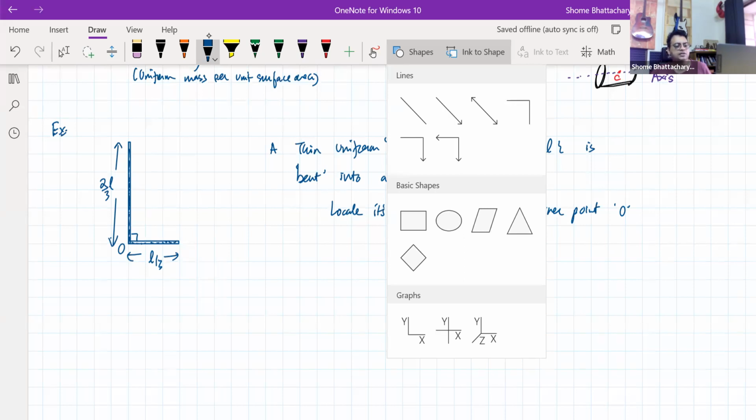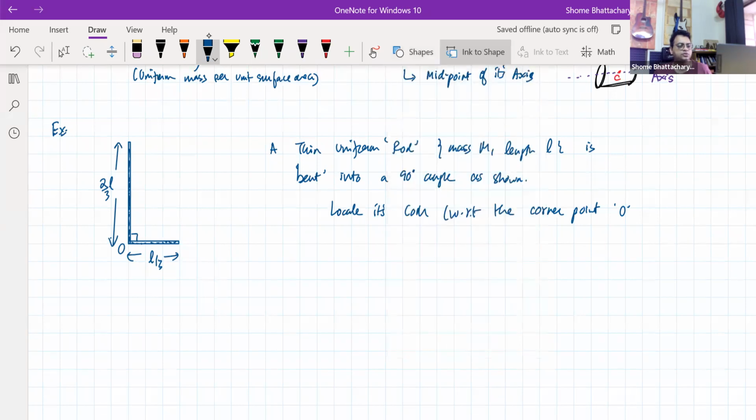Those individual parts are very easy to find the center of mass for, because for a rod of length L/3, its center of mass is just at its midpoint. For a rod of length 2L/3, the center of mass is at its midpoint. So we will replace each of those smaller rods with equivalent mass particles at their centers of mass. And then we'll use the particle formula for center of mass, that is summation mr divided by summation m. So that's how we use superposition.